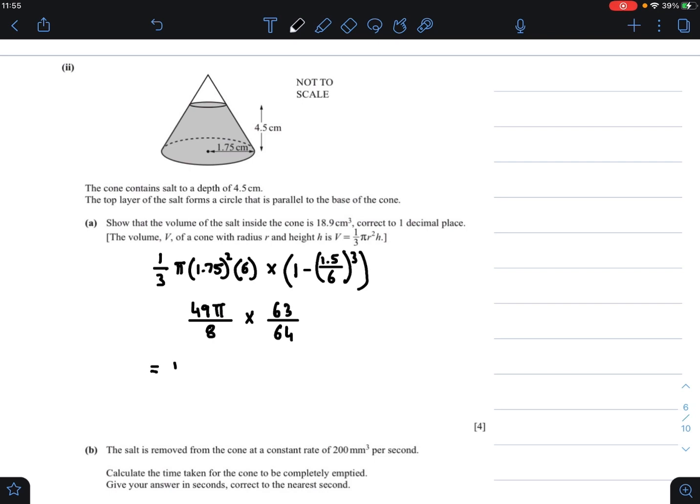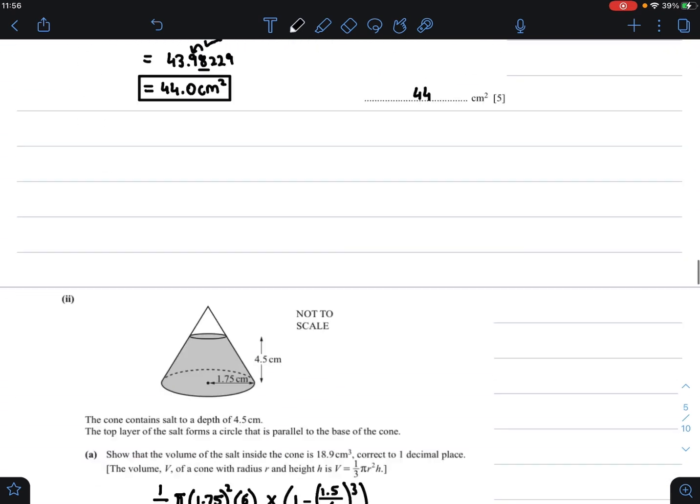So you'll get your final answer as 18.94159477, and therefore your final answer will be 18.9 centimeter cube, because your fourth significant figure, which is 4 in this case, is lesser than 5, so it won't round off the 9 to the next number. Therefore 18.9 centimeter cube will be your final answer for part B2A of this question.